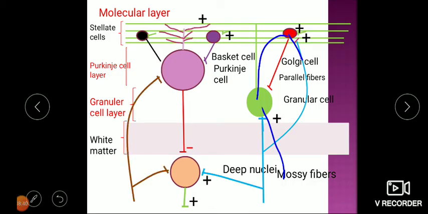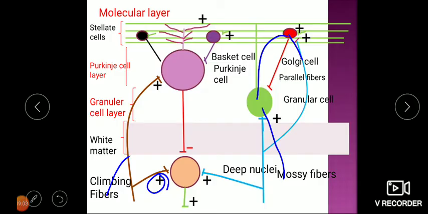Now one more afferent is coming. You can see I have shown this afferent; it is called a climbing fiber. These climbing fibers go to both the deep nuclei as well as the Purkinje cell, and again they are excitatory in nature. I have shown positive marks here. Positive means they will release excitatory neurotransmitter and excite the postsynaptic cell.